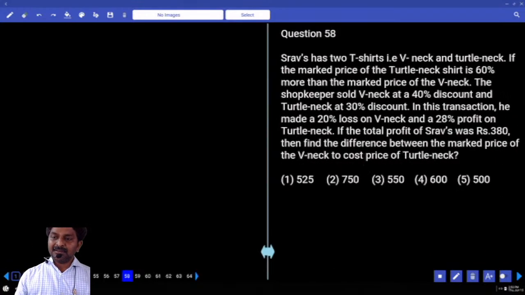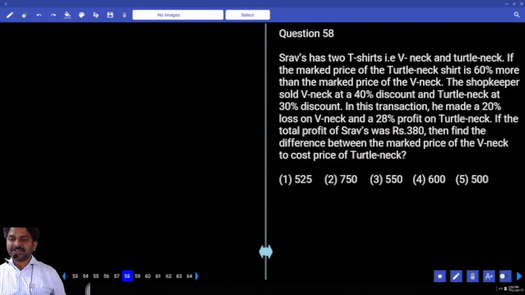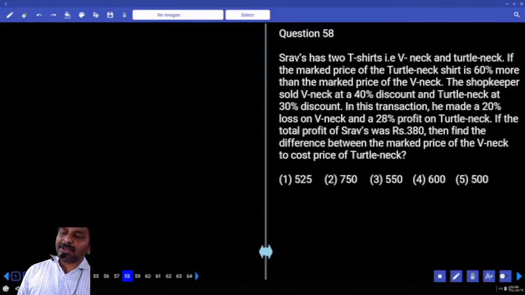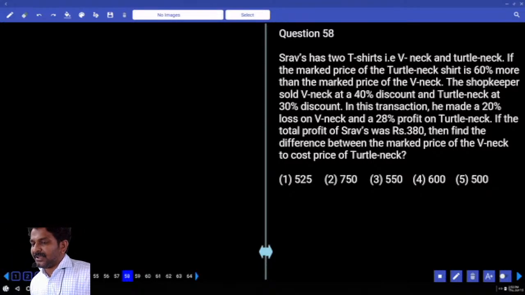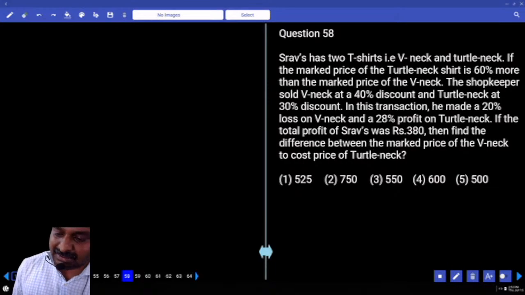SREEDHAR'S has 2 t-shirts, V-neck and turtleneck. The market price of the turtleneck shirt is 60% more than the market price of V-neck. The shopkeeper sold V-neck at a 40% discount and turtleneck at a 30% discount.